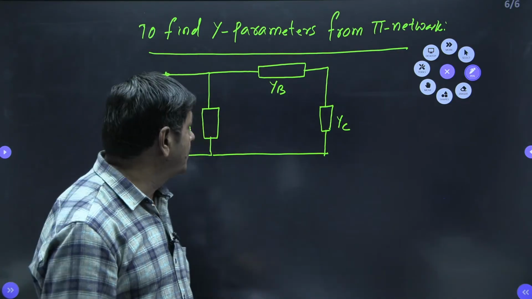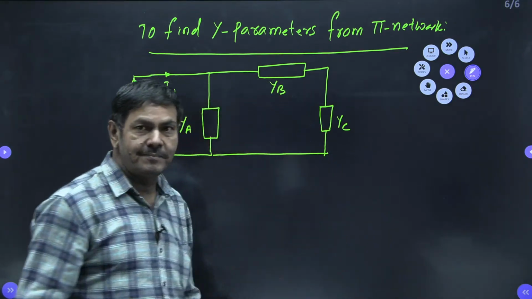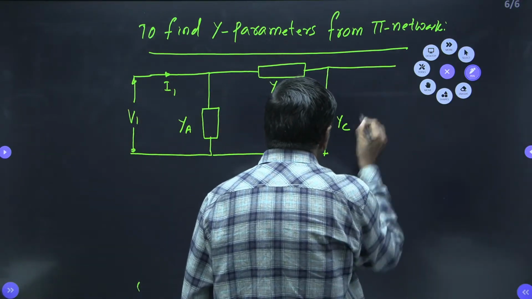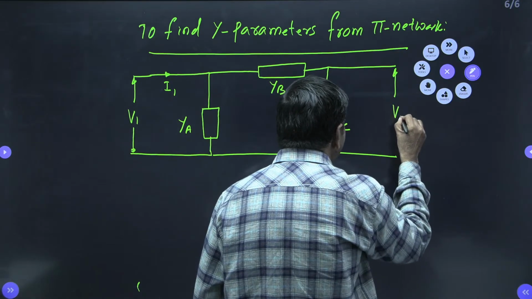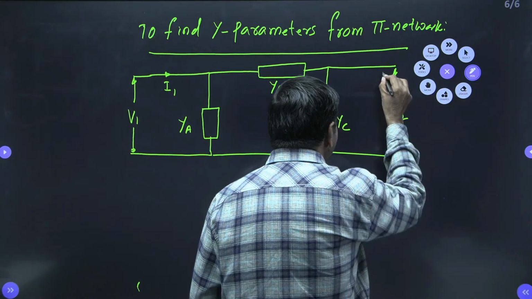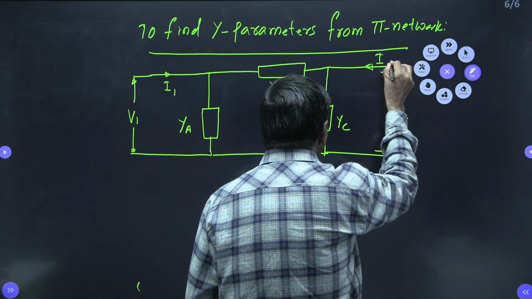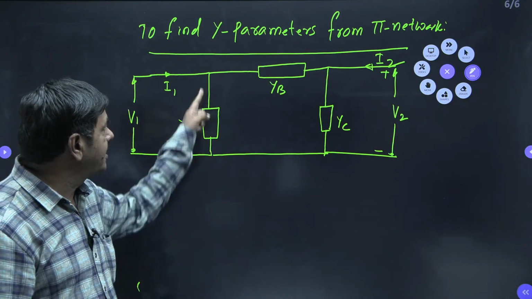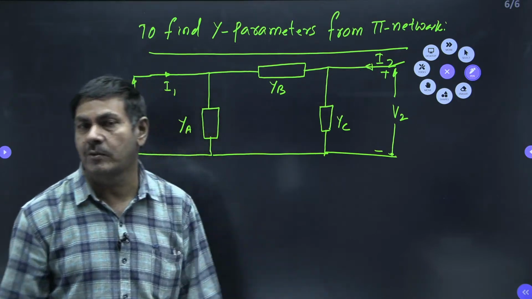You may be given 2 mho or 3 mho or 1 mho or whatever it may be. And here V2 is between these two terminals, this is plus and this is minus, and this current is given as I2. The shape of this circuit, you watch, is a pi network, it is in the form of the pi.